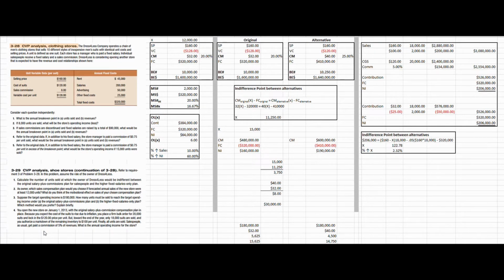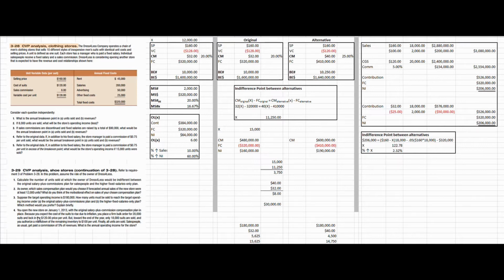Okay, let's take a look at our last question over here. Suppose that you open the store on January 1st of 2013 with the original cost structure in place. Because you expect the cost of your product to rise during the year, you place a bulk order for 20,000 units and you lock in that purchase price of $120 per unit.